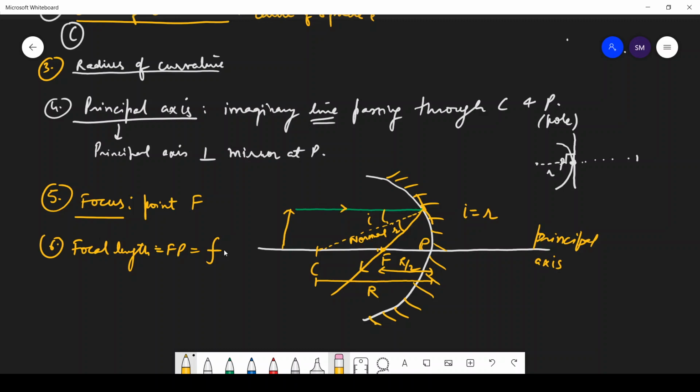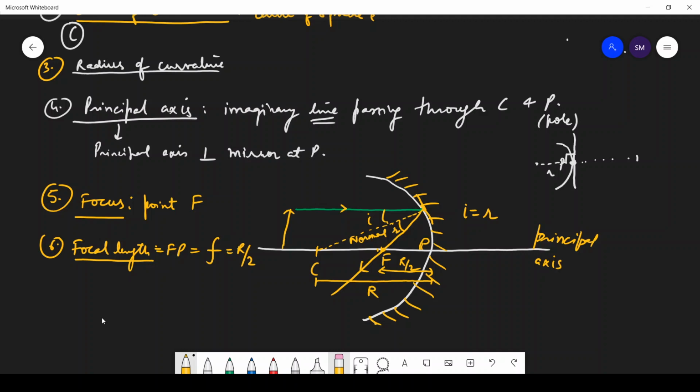So students, focus is a point, whereas focal length is a length. This length FP is your focal length. So r by 2 is your focal length. Very important concept.